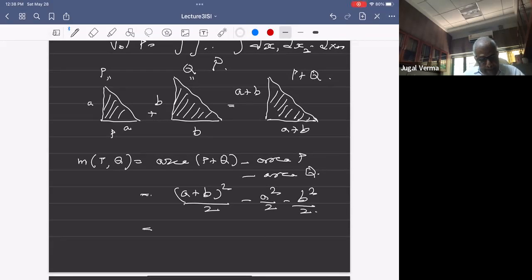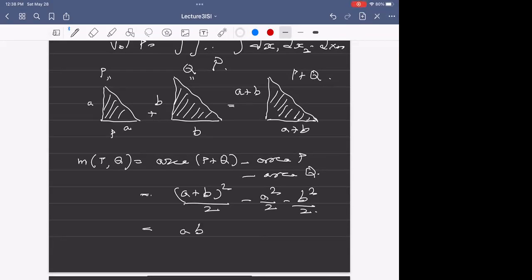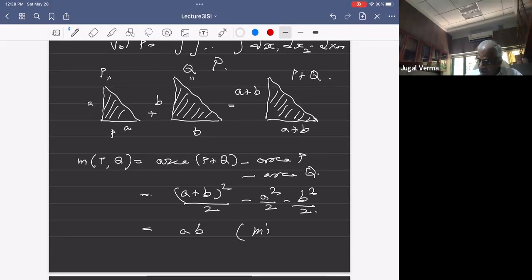What is this number? AB. Okay, so that is why it is called mixed. The dimensions of these two triangles get multiplied and we get the mixed area.